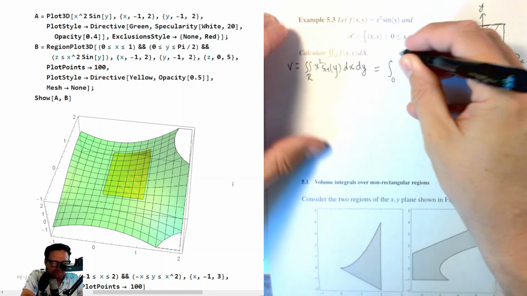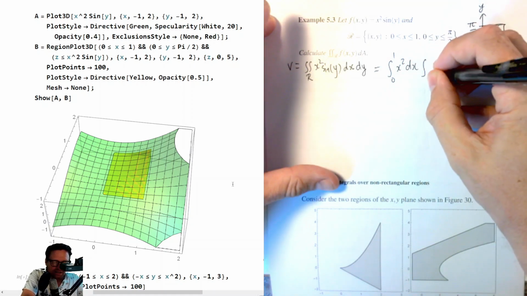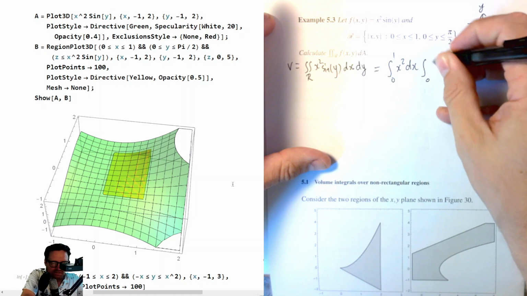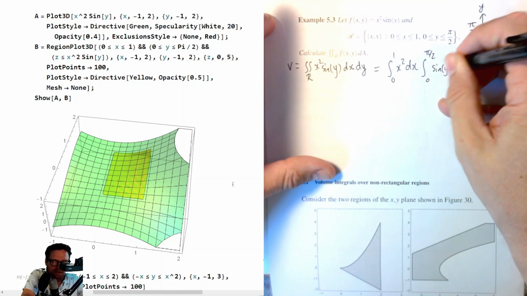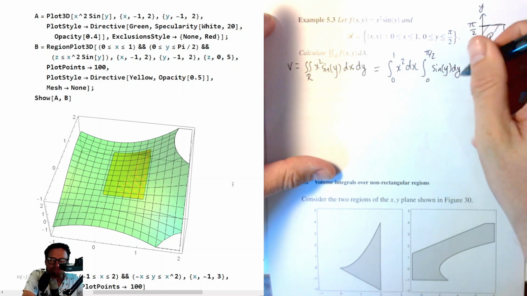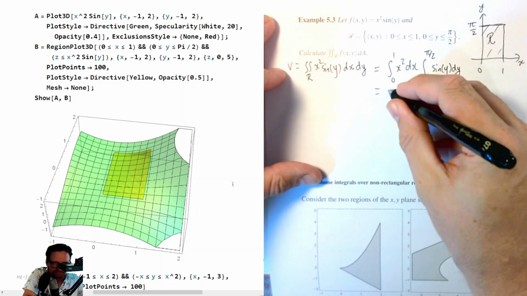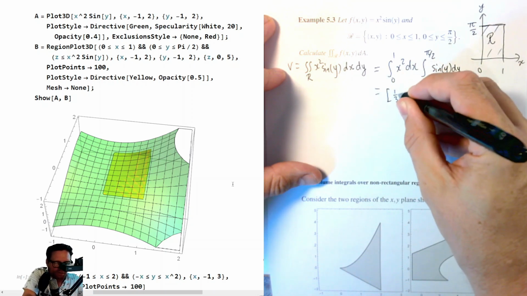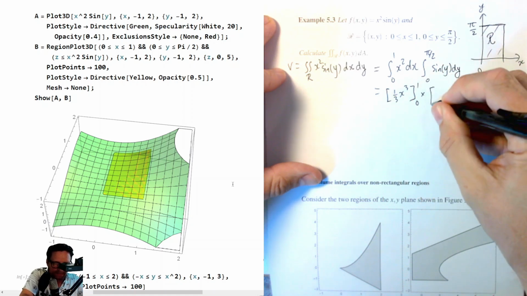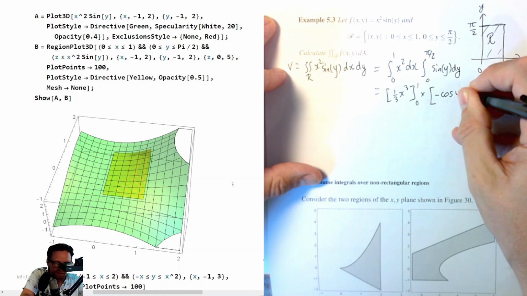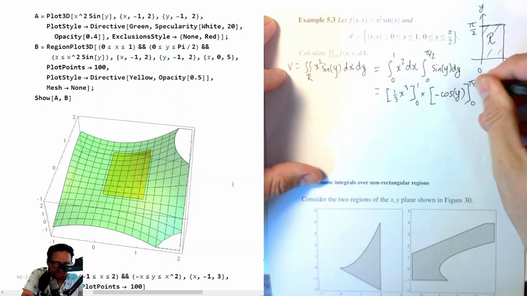So we've got x going from 0 to 1, x squared dx, and then integral from 0 to pi on 2, sine of y dy. Okay, great. So this is a third x cubed from 0 to 1 multiplied by minus cos of y from 0 to pi on 2.